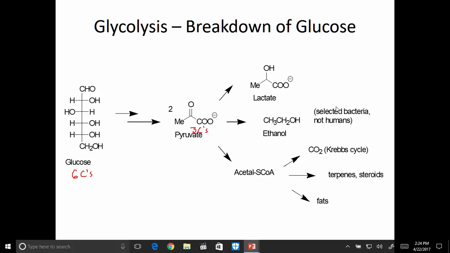Yeast and bacteria can turn pyruvate into ethanol. And another possible fate is that it's going to lose the CO2 to become a compound called acetyl-CoA. All right, and we're going to abbreviate that compound.